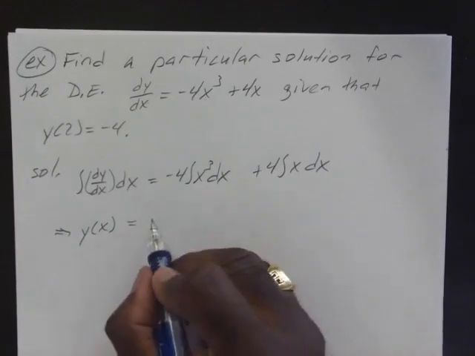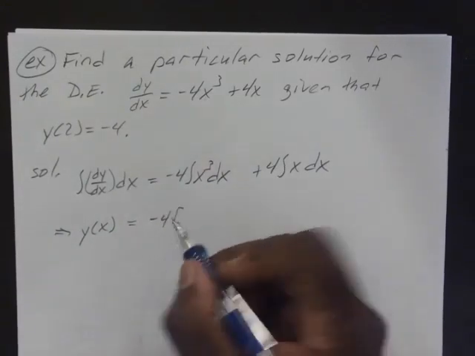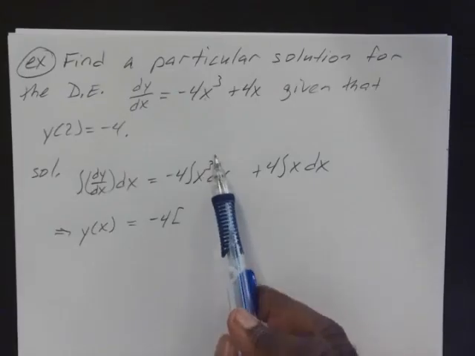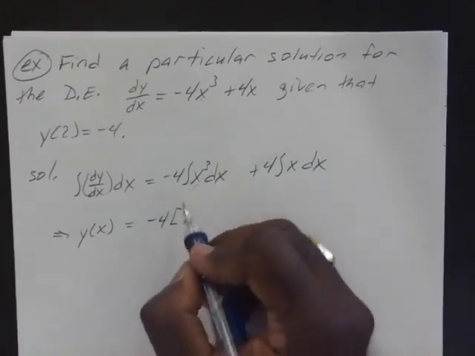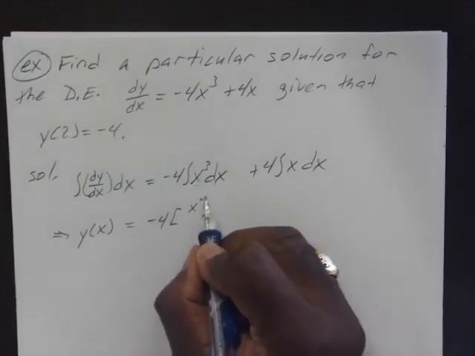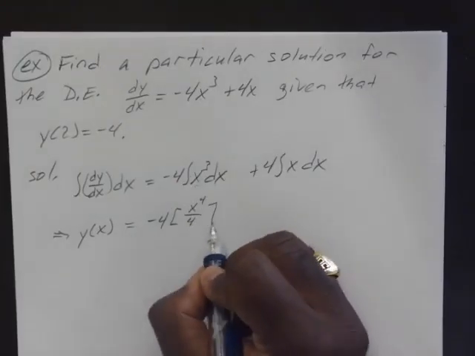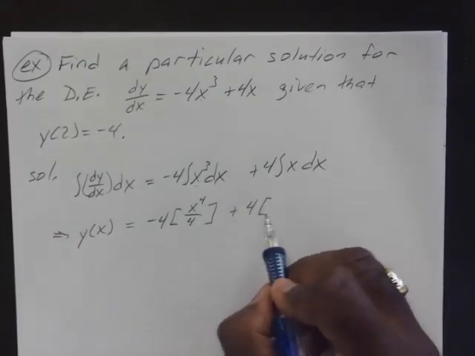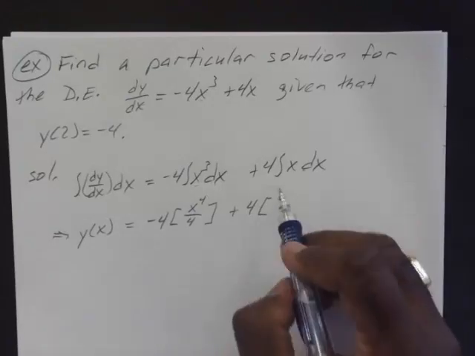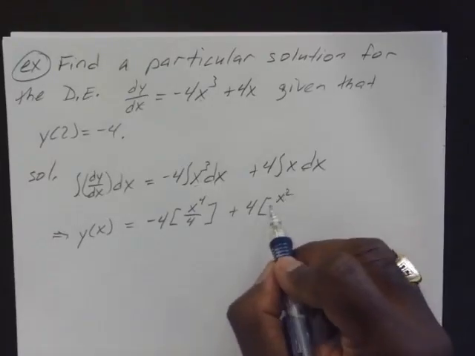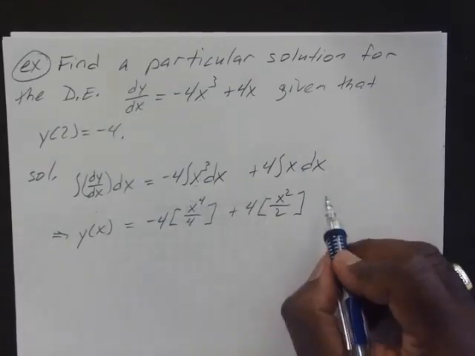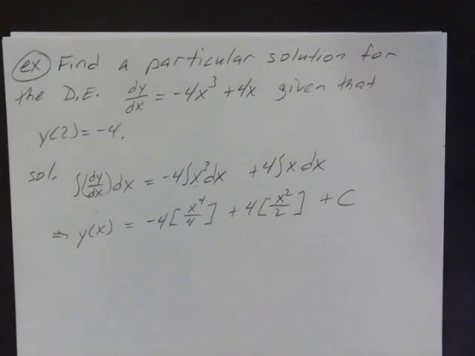So that's equal to -4 times the integral of x to the third power, which is x to the fourth power over 4, plus 4 times the integral of x, which is x squared over 2. And we're going to combine all of our plus c's into one plus c at the end.